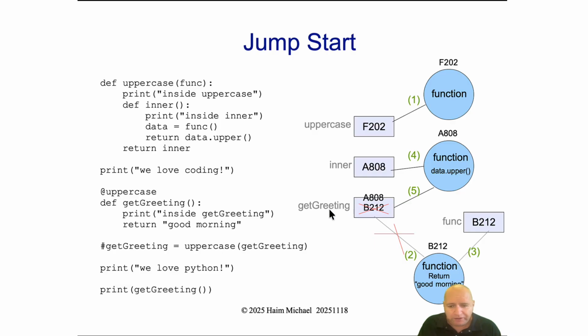And we also have the getGreeting variable that in the beginning holds the reference, in this demonstration B212, which is the reference for the original function, but later getGreeting is assigned with the reference for the inner function, the function that will now take the place of the original getGreeting.